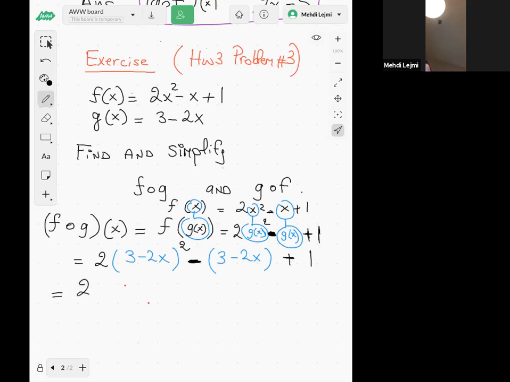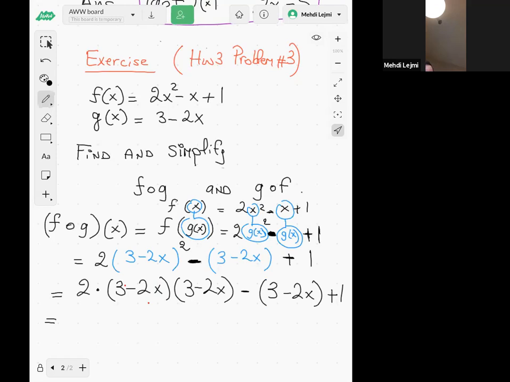So let's see. So this is 2 times 3 minus 2x times 3 minus 2x minus, yes, Lorden, for number 2, your answer is correct. Minus 3 minus 2x and then plus 1, right? So make sure that, guys, when you distribute, be careful just with the sign, right?